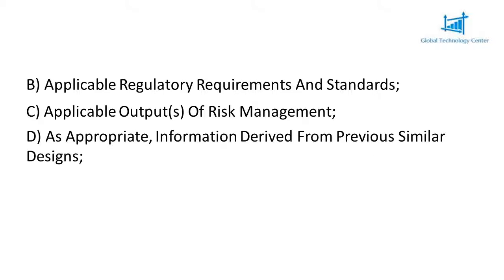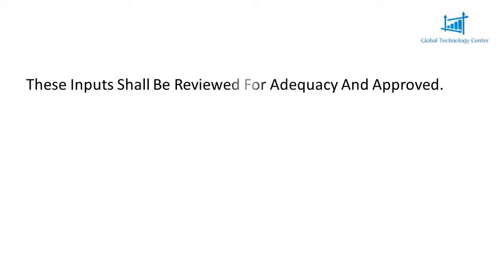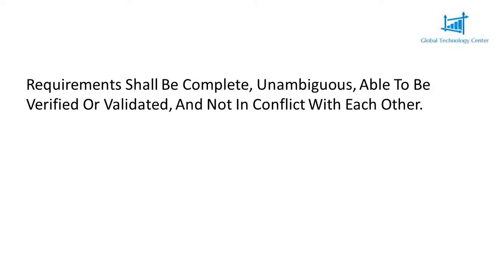D. As appropriate, information derived from previous similar designs. E. Other requirements essential for design of the product and processes. These inputs shall be reviewed for adequacy and approved. Requirements shall be complete, unambiguous, able to be verified or validated, and not in conflict with each other.